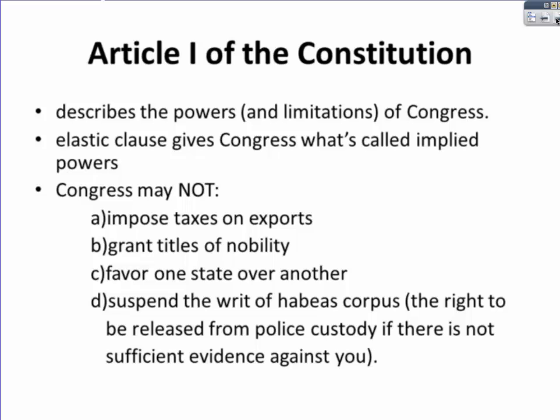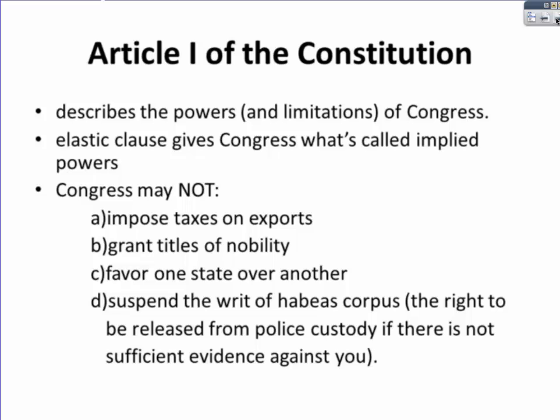They cannot impose taxes on exports, because remember, at the Constitutional Convention, the northern industrial states wanted high import tariffs, and the southern agricultural cash crop states wanted no export tariffs, so that their cotton and tobacco would be attractive to European purchasers.